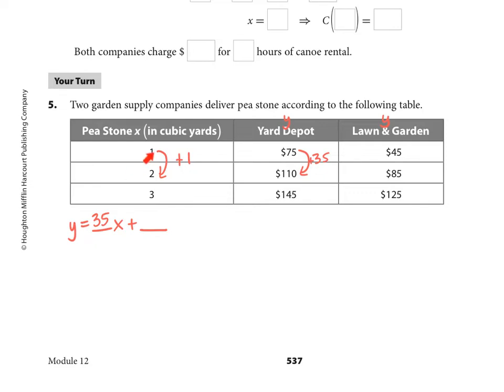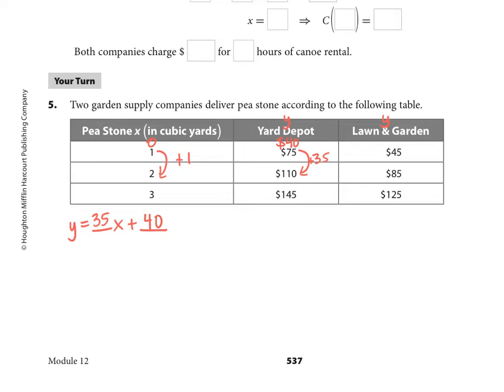Here x is not 0, but I could use my pattern. I know that it's going to go up 35 bucks here when I add 1 cubic yard. So what if I take away a cubic yard? That means I'm going to go back $35, and that means this is $40 since I'm subtracting the 35. So our y-intercept is 40.